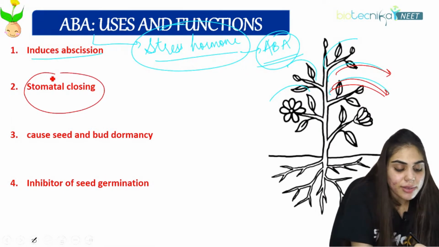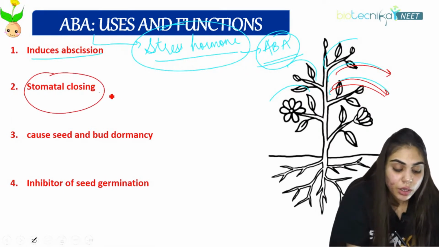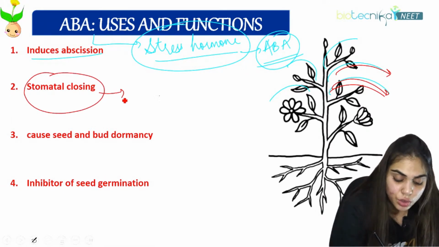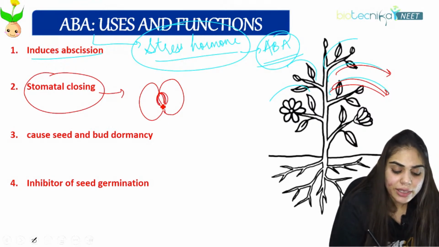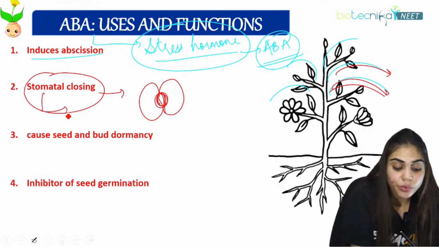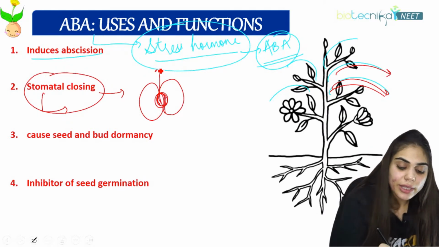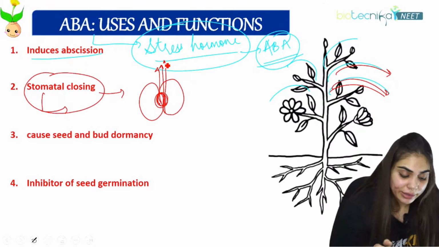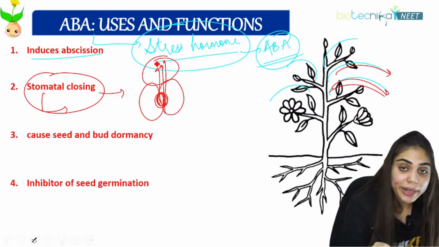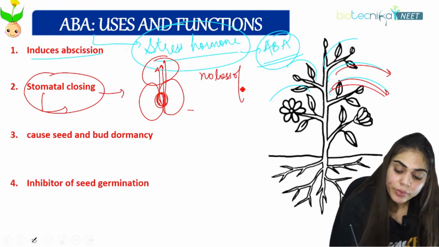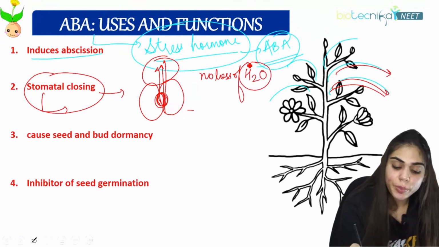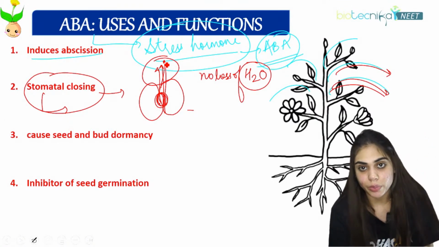It also causes stomatal closing. What is stomatal closing? Suppose this is a guard cell and this stomata is closed. Stomata are known for the transpiration process, the gaseous exchange of water vapor with the surroundings. When the stomata is closed, there will be no loss of water, because whenever stomata open, they cause water loss from the plant.